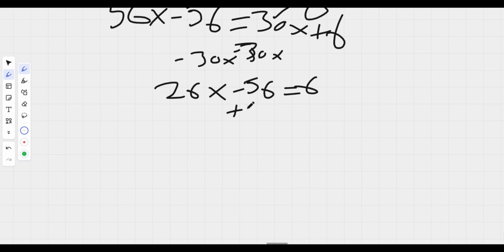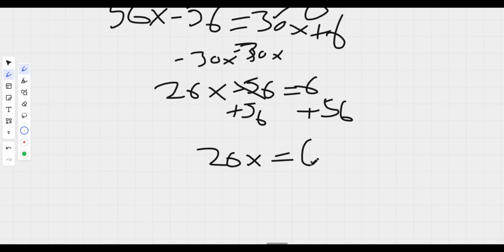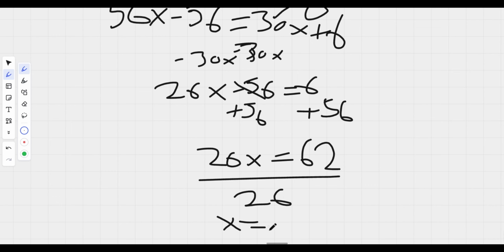And then we can add 56 to both sides. And we're going to get 26x is equal to 62. And then we're going to divide both sides by 26. This is going to give us approximately 2.38. So we can write this.